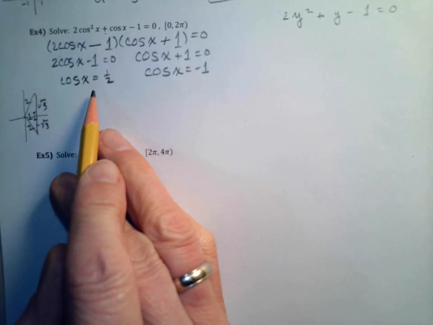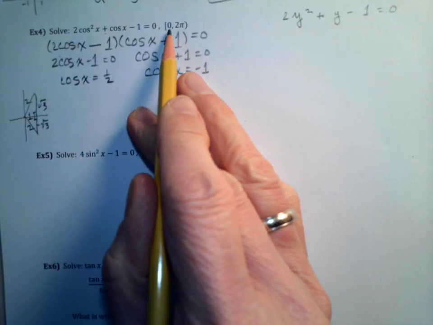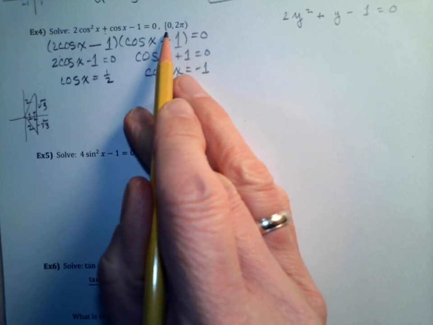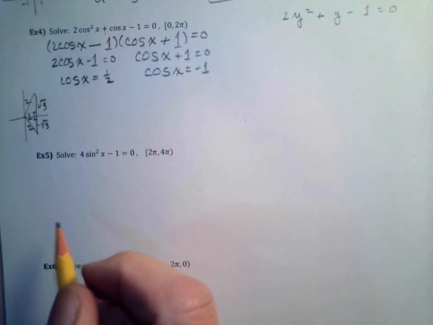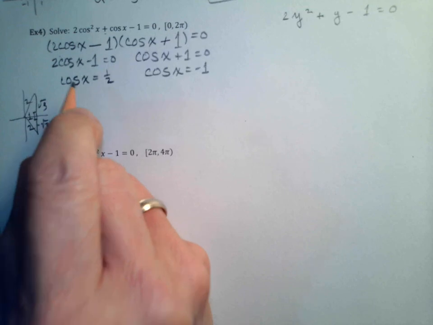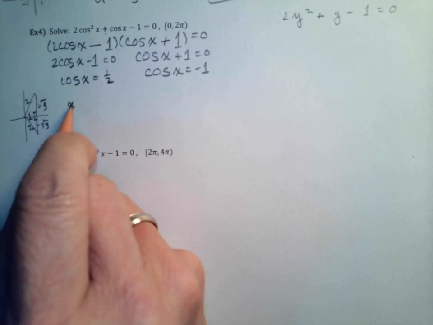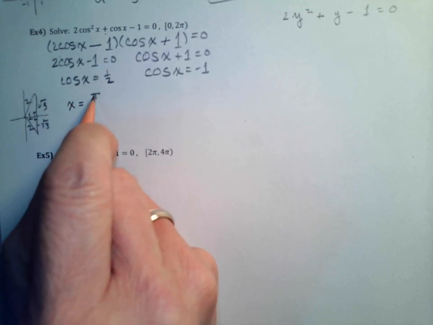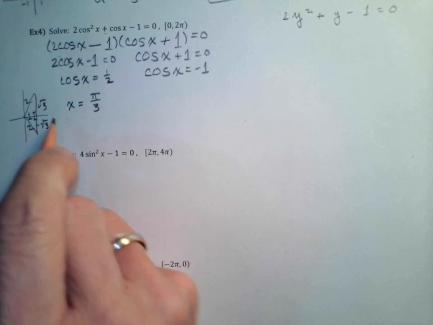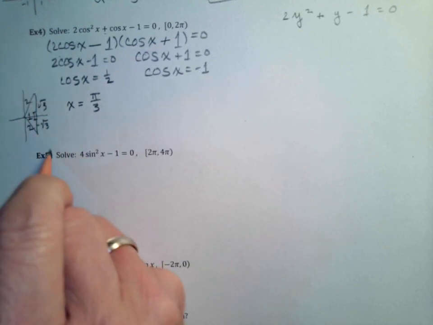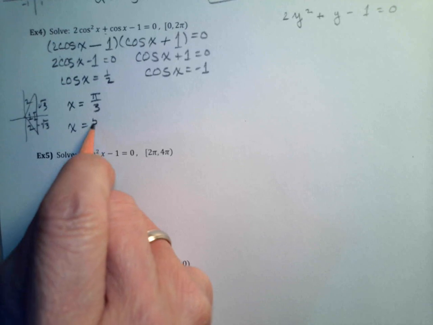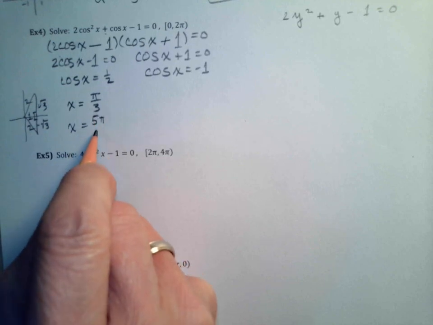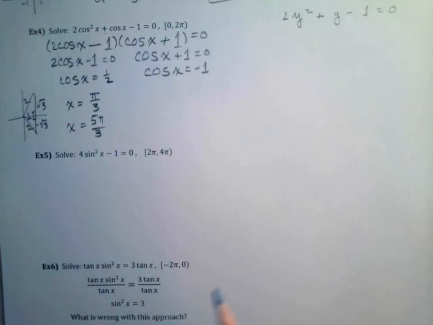Again, we're only looking for anything between 0 and 2 pi. So x will be equal to pi over 3, and then x equals 5 pi over 3.